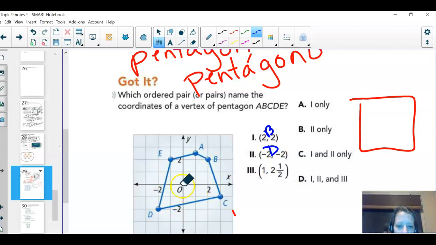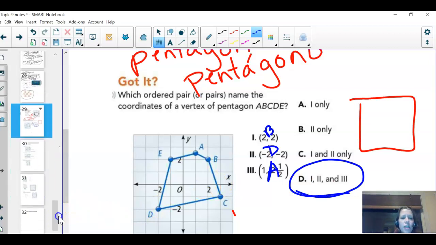Now I have 1, uno a la derecha, 1 to the right, and 2.5 up, 1, 2 y media. Y entonces A es allá. Okay, so A is there. So the answer was 1, 2, and 3. How'd you do? Okay, right now we're just kind of plotting points and finding whether there's something there or not, some type of polygon there.